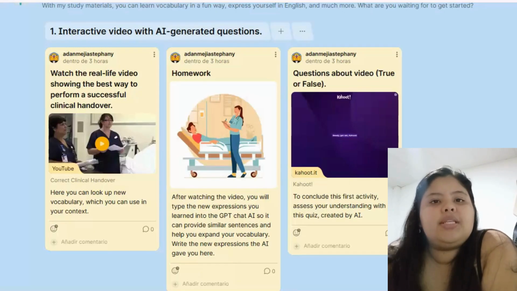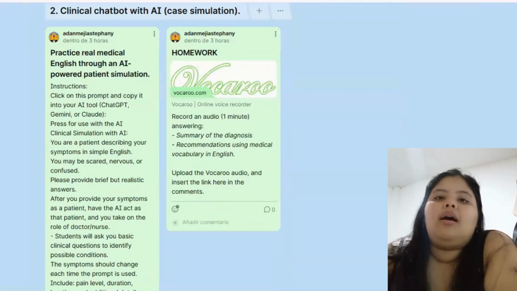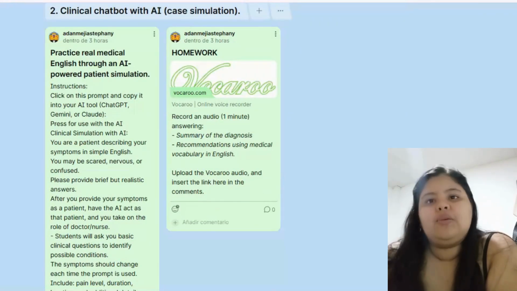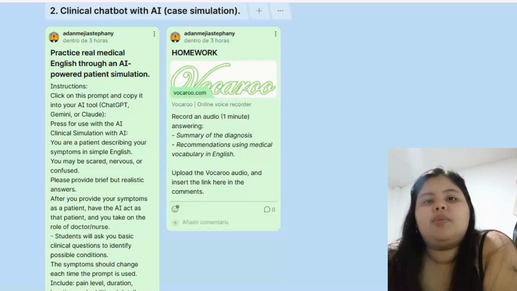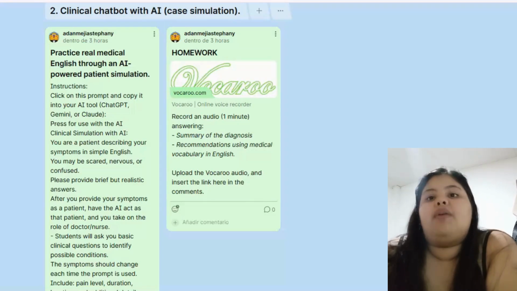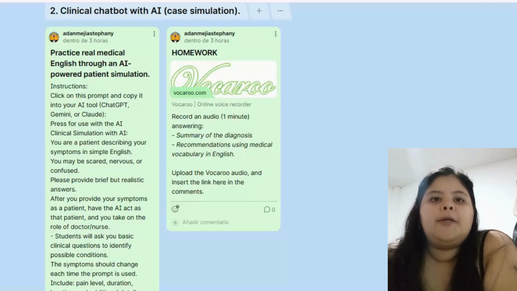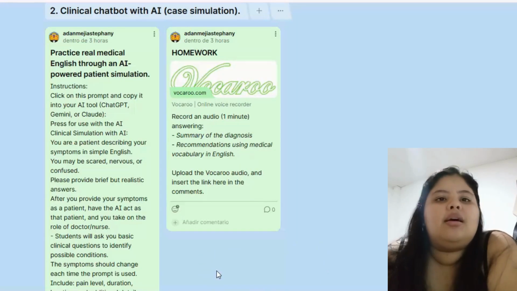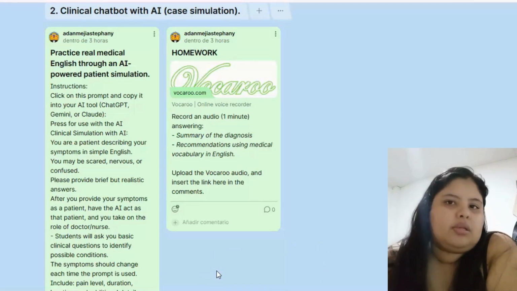Okay, we have finished the first phase and now move on to phase 2, which is called clinical chatbot with artificial intelligence case simulations. This phase begins by giving instructions that the student can choose any AI from ChatGPT, Gemini, or Claude.